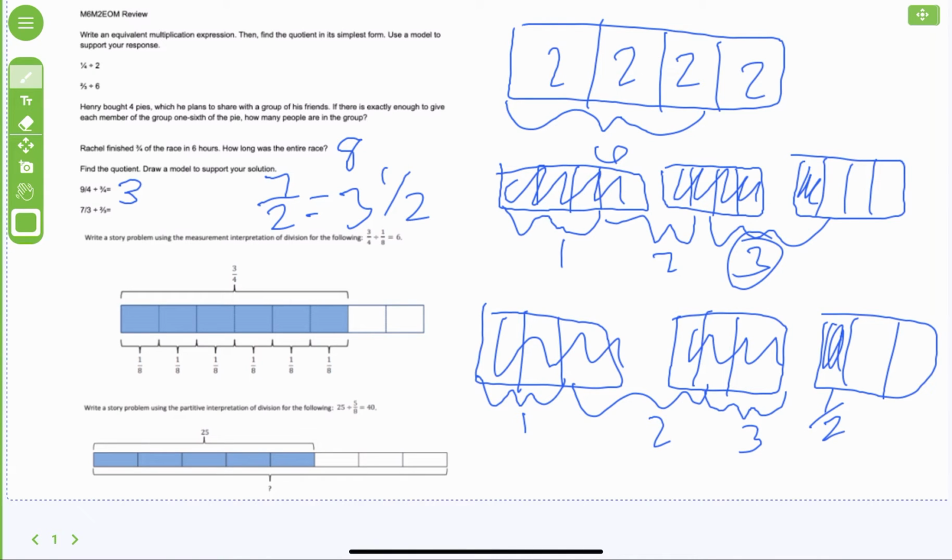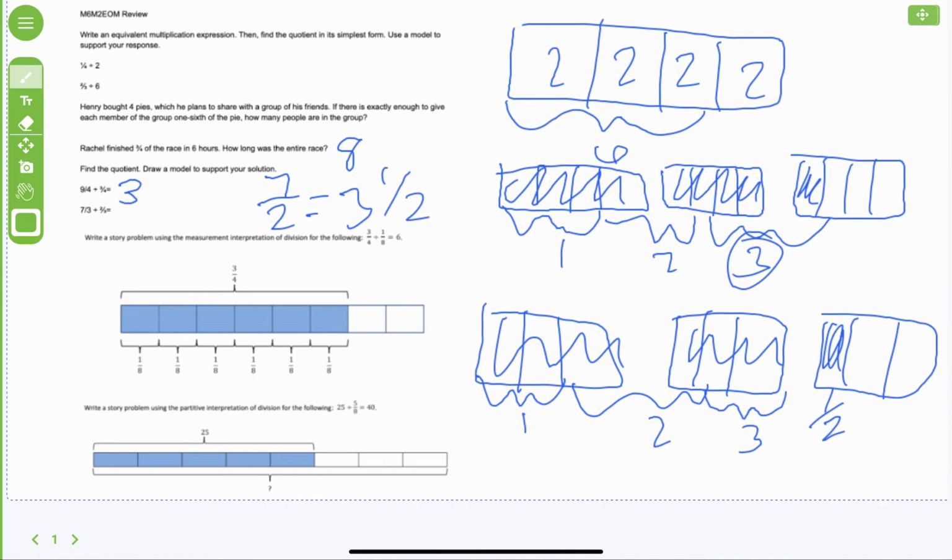So write a story problem using the partitive interpretation of the division for the following. So this says 25 divided by 5/8 is equal to 40. So what we would say there is kind of like Rachel finished 3/4 of the race.